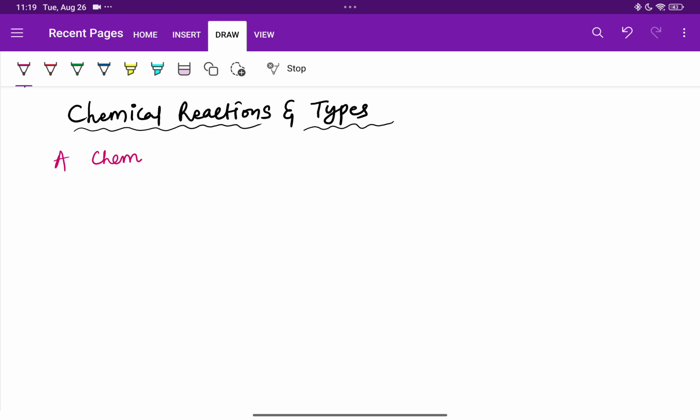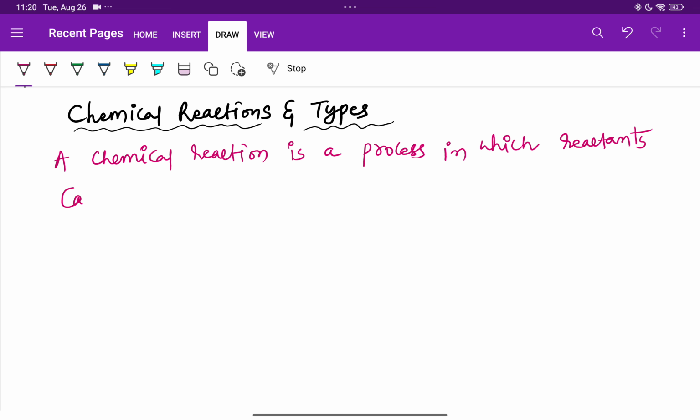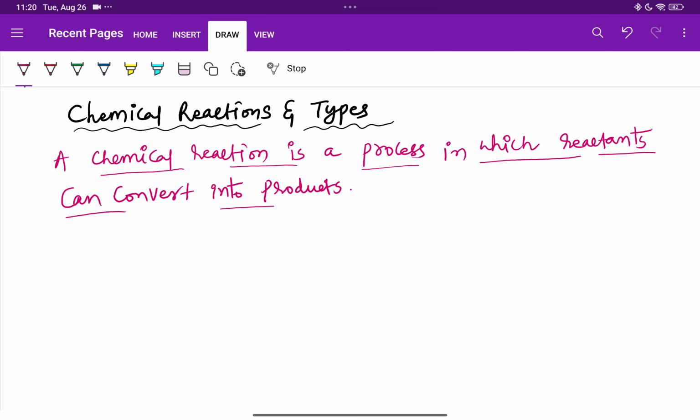A chemical reaction is a process in which reactants can convert into products. Very simple definition. A chemical reaction is a process in which reactants can convert into products.